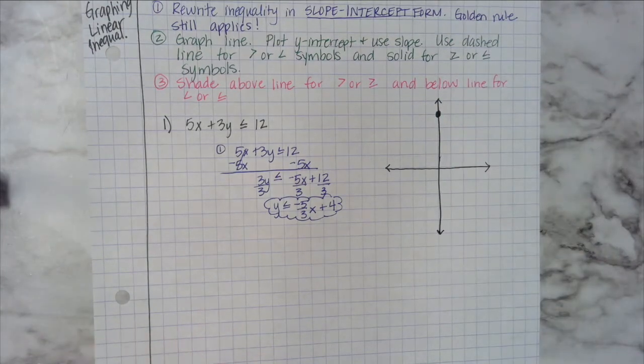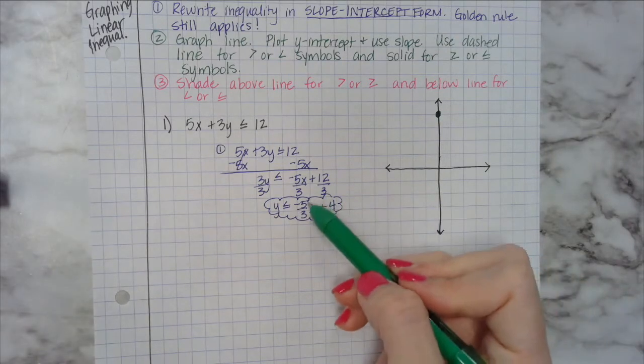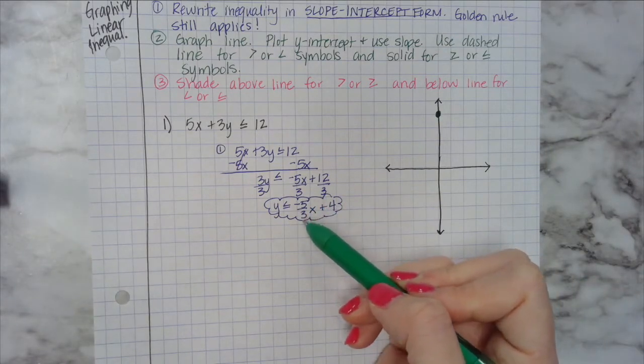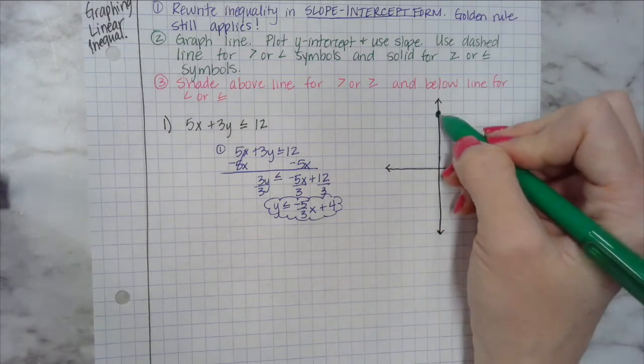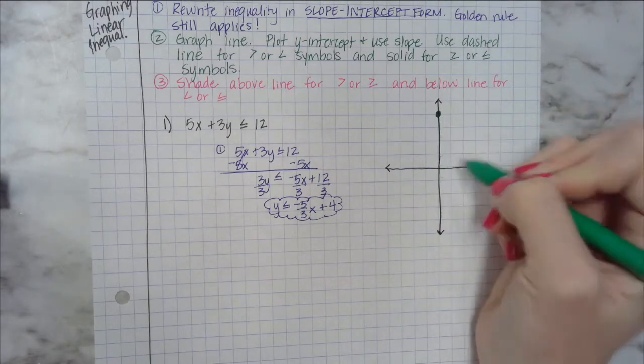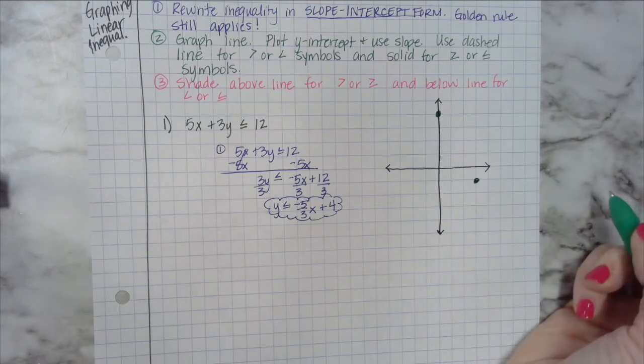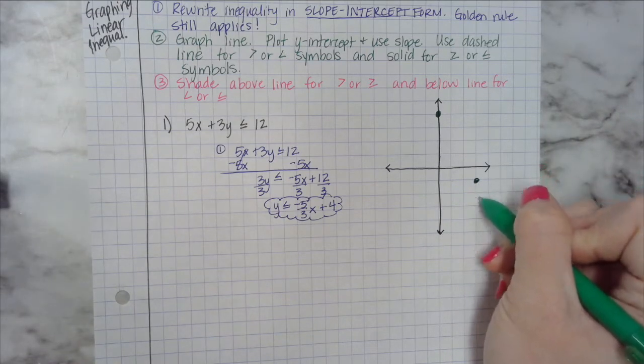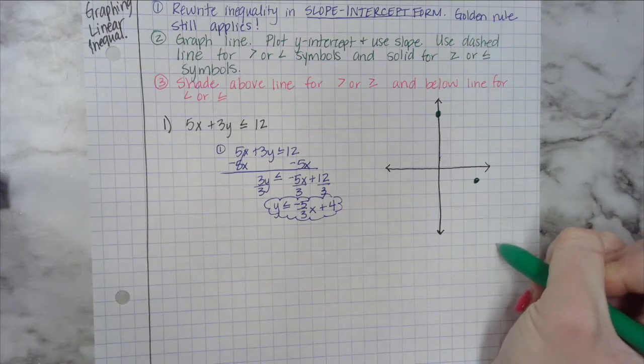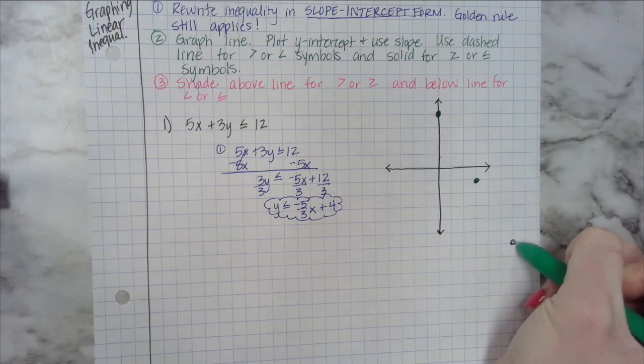Then use the slope. We're going to use the slope to find more points in the line. So negative 5 thirds, that means my slope is going to go down to the right. So down 5, 1, 2, 3, 4, 5, to the right 3, 1, 2, 3, and put a point. And then I can do that again, down 5 more, 1, 2, 3, 4, 5, to the right 3, and put another point.